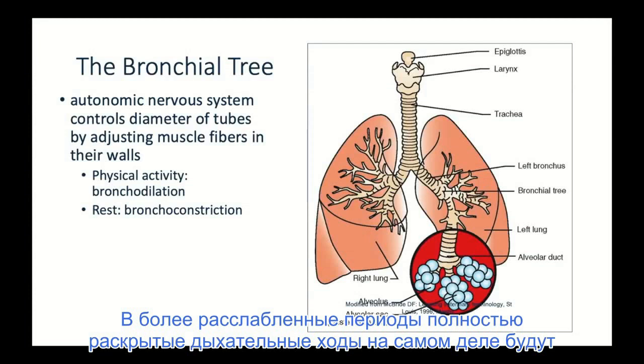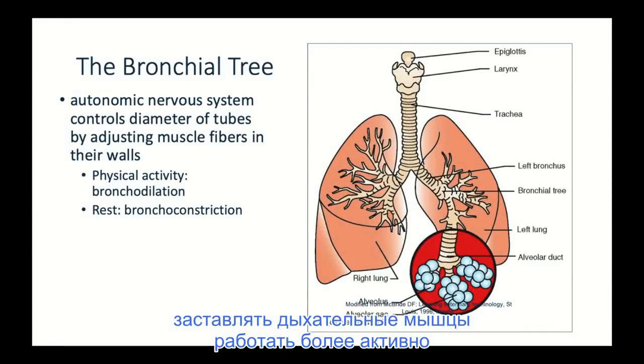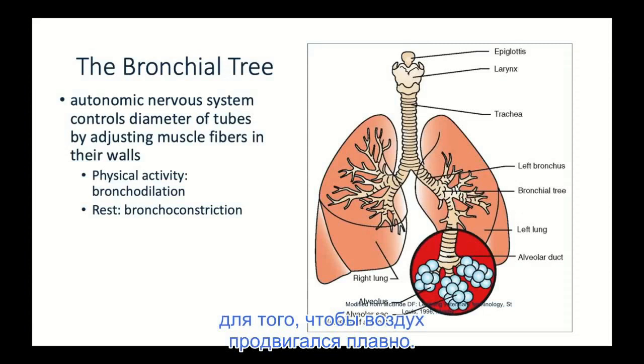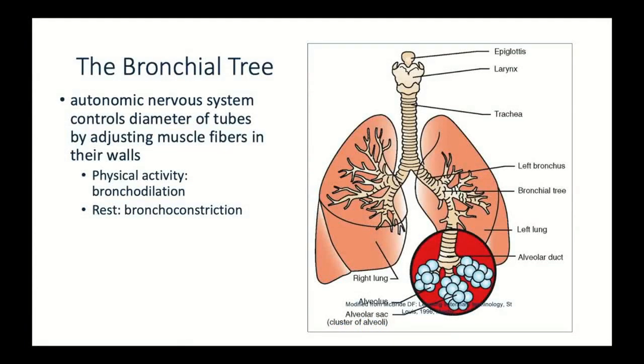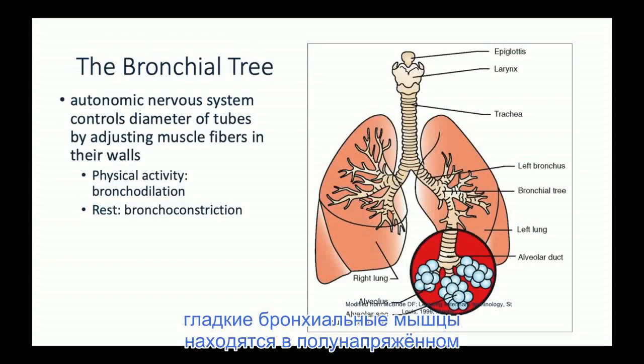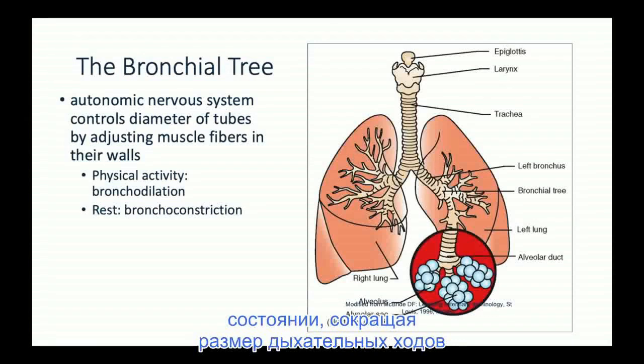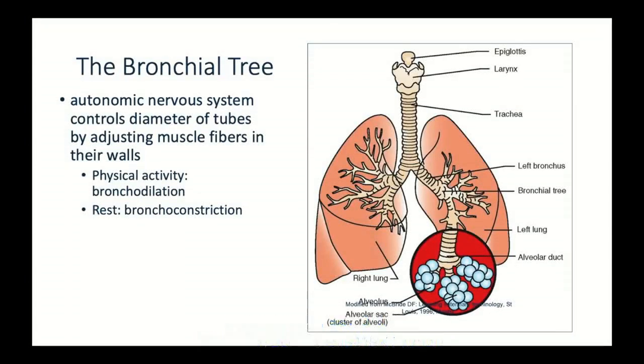At more relaxed times, the fully dilated air passageways would actually create more work for the respiratory muscles to move air through gently. So at rest, when it's not under a huge exertion of physical activity, the bronchial smooth muscle partially contracts, reducing the size of air passageways to a more appropriate size.